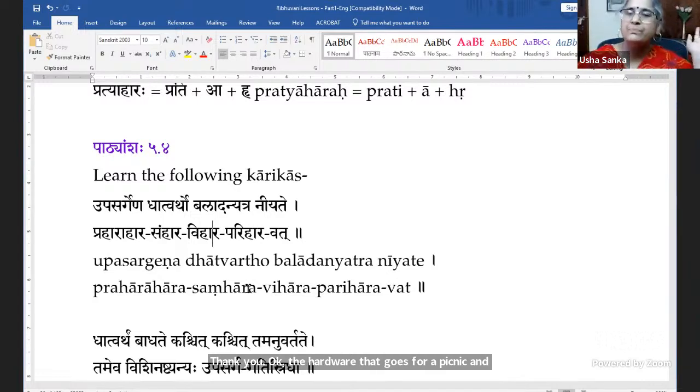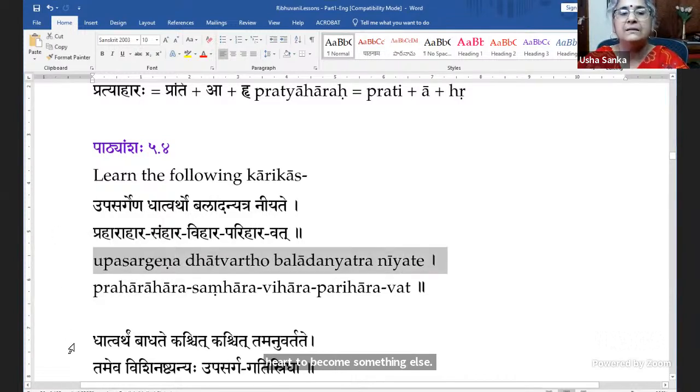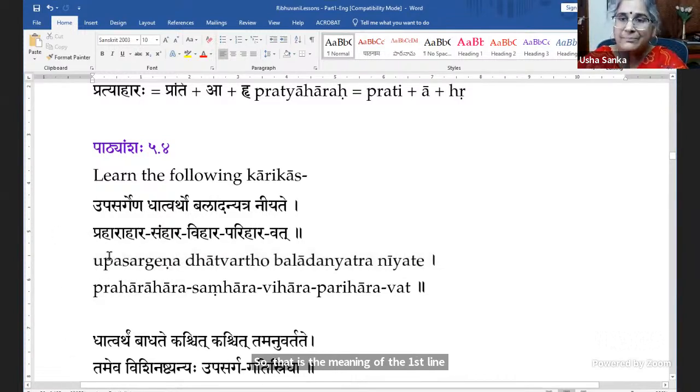The Upasarga just pushes the Dhatu, drags the Dhatu, pulls the Dhatu to some other meaning and the Dhatu becomes something else. So that is the meaning of the first line. Upasargena Dhatvartho Baladanyatra Niyate. And there are examples for that.